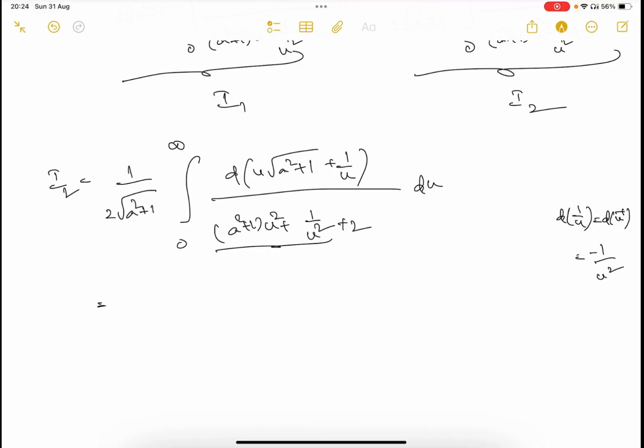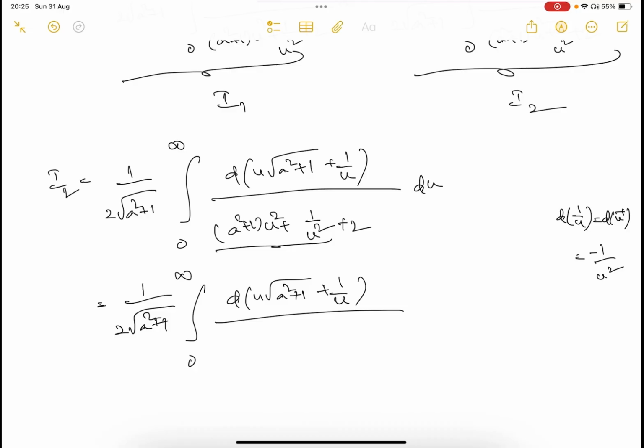Then this will be 1 by 2 into root a square plus 1, integral 0 to infinity, d of u into root of a square plus 1 plus 1 by u, by, right? This can be written as u into root a square plus 1.